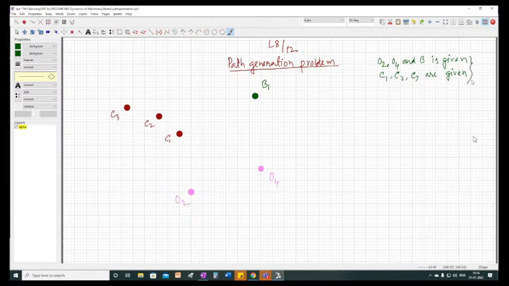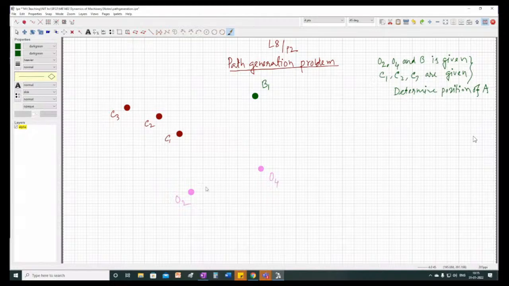What we need to determine is the position of A, because the last point is A, which is connecting the whole mechanism, completing the mechanism. So if we can find out A properly, then on the coupler the C point is there.